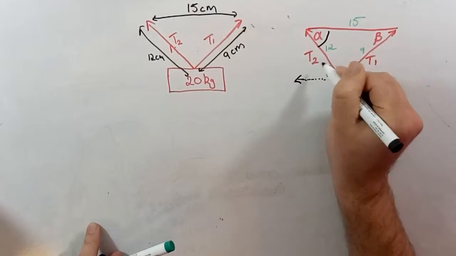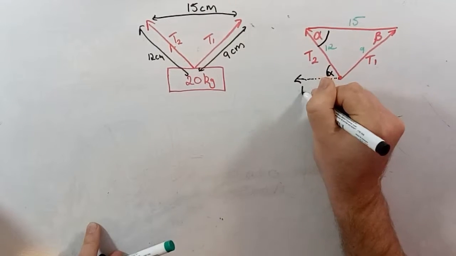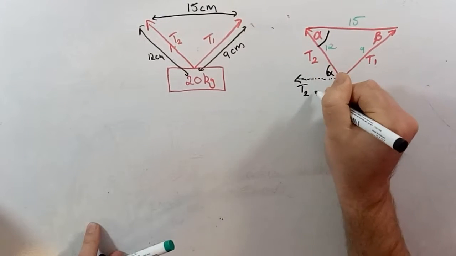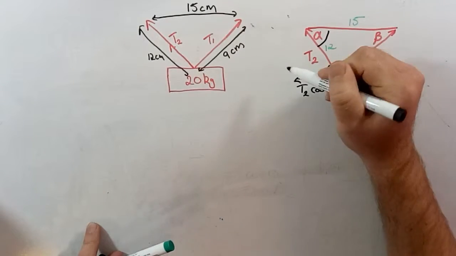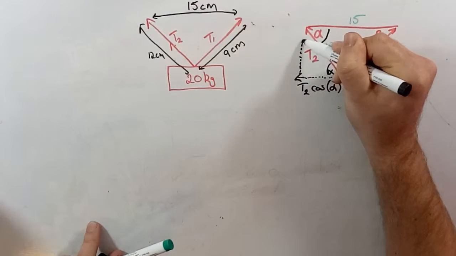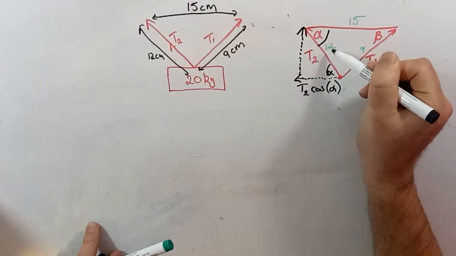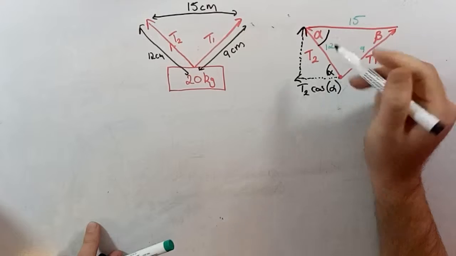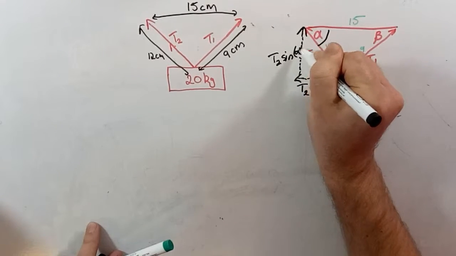So this is like the hypotenuse. So I've got T2, it's pulling this amount, T2 cos alpha. Then it's also pulling up. How much is it pulling up? This is the opposite side to this hypotenuse, so we've got T2 sine of alpha.